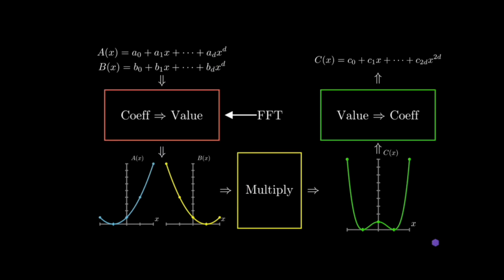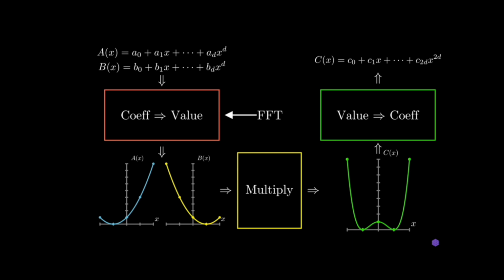Now let's move on to the next slide. This slide shows a flowchart style summary of the process. The first step is to start with the coefficient form of A of x and B of x. Then we use the fast Fourier transform to convert to value representation.